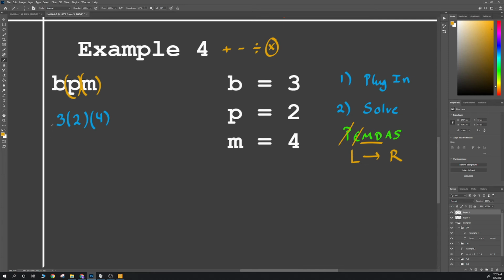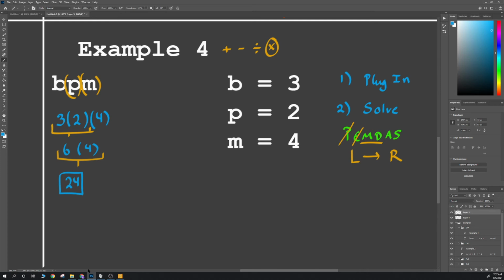Always work left to right, so I'm going to start with 3 times 2, which is 6, right? And so I'll end up with 6 times 4. Bring that down, and 6 times 4 is just 24. And that's my final answer, folks.